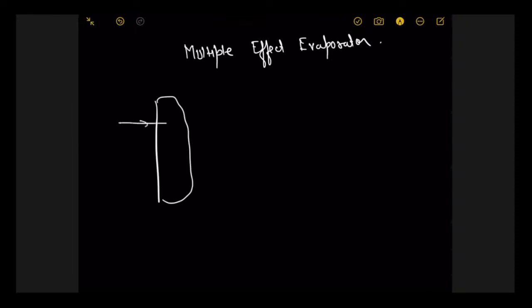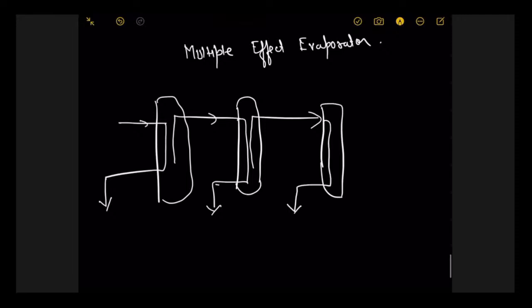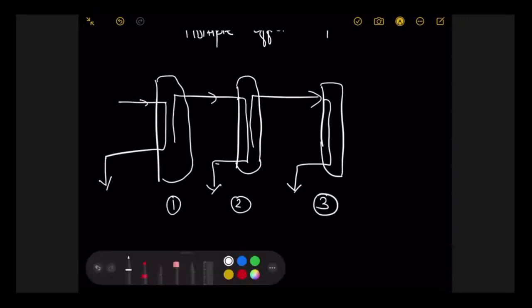The steam which is moving is condensed, and the vapor which is coming out from the first will be the steam for the second one. Again, it will condense down. Same thing for the third one, like this. This is 1, this is 2, this is 3. So this is known as feed forward evaporator.